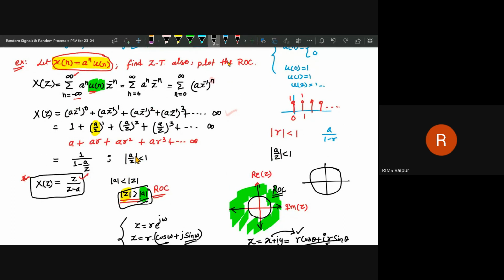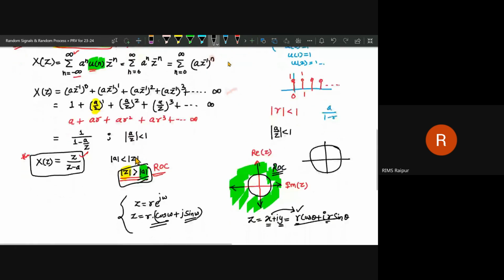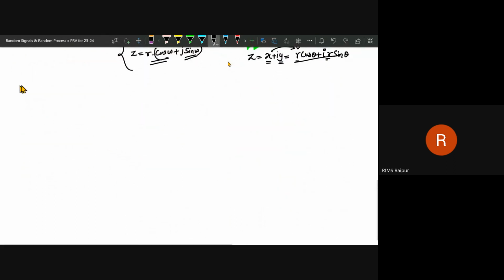Correct? Okay. If you have understood this, just tell me how you can calculate the Z transform of x of n equals u of n. Calculate the Z transform of this sequence and also plot the ROC. If you have not written the formula, let me write it for you.